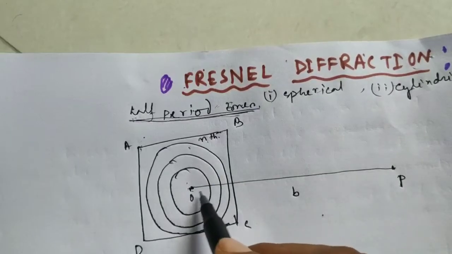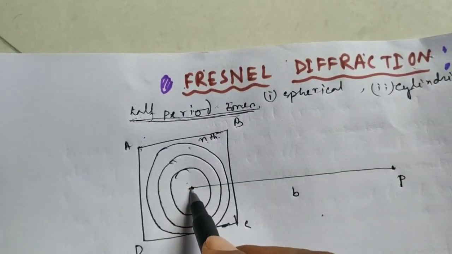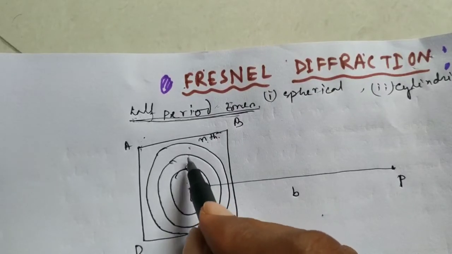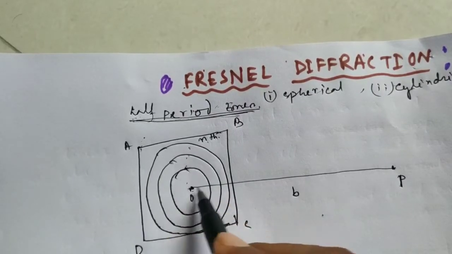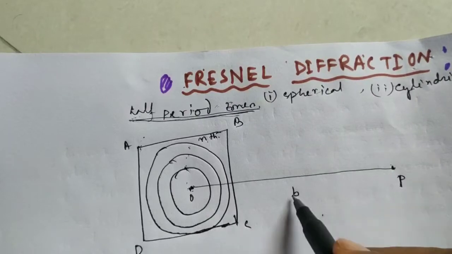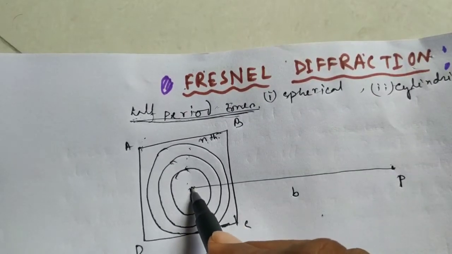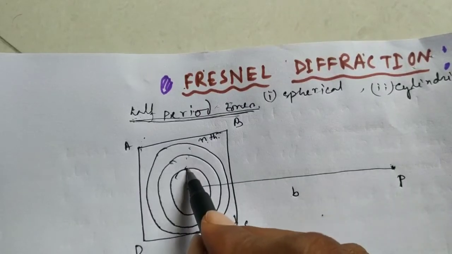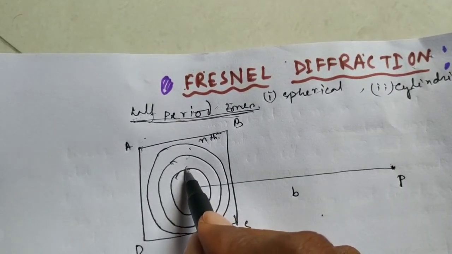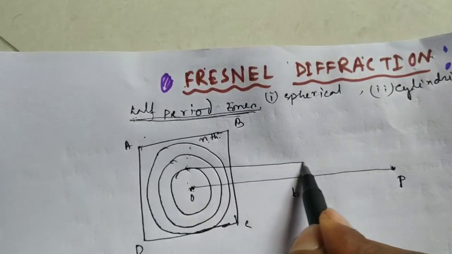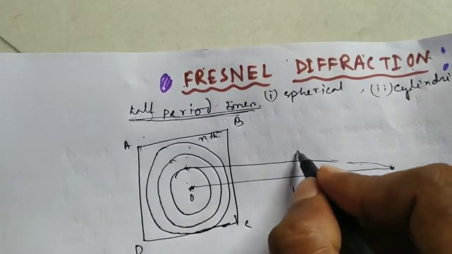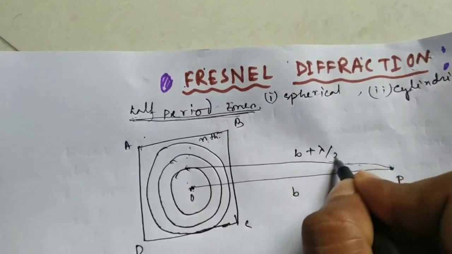Because Fresnel takes these zones: if this is the center and this is the second zone, the distance between the center and the point P is b, and the distance of the second zone from P is b plus lambda by 2.